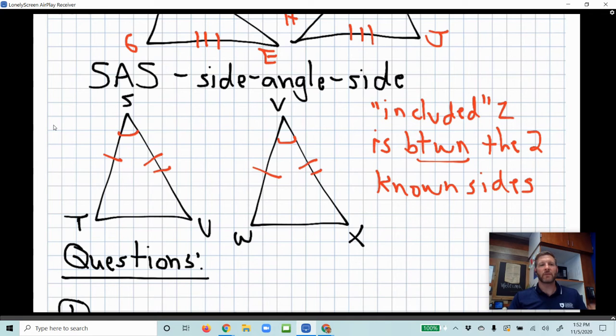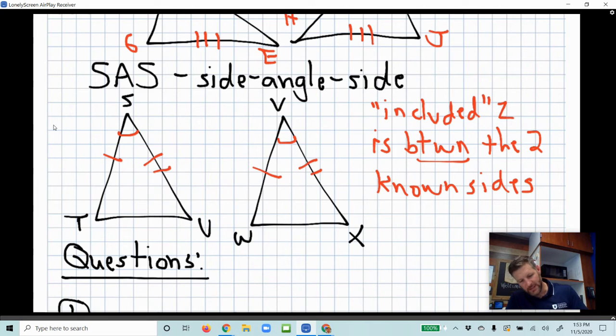So in other words, if you have 2 sides that are identical and the angle between them, then everything else has to be the same as well. Try to measure out 2 sides of a triangle and the angle, and try to draw 2 different triangles. If you have the same 2 sides and the same angle in between them, you cannot draw 2 different triangles. You can only draw the one same congruent triangle.